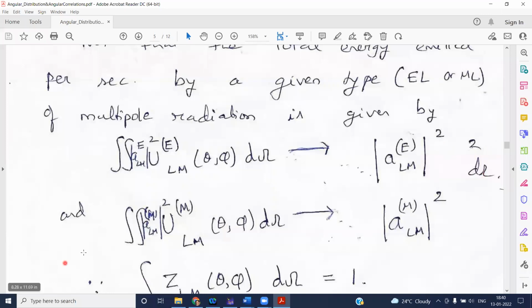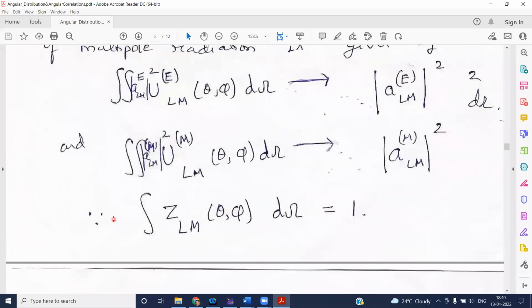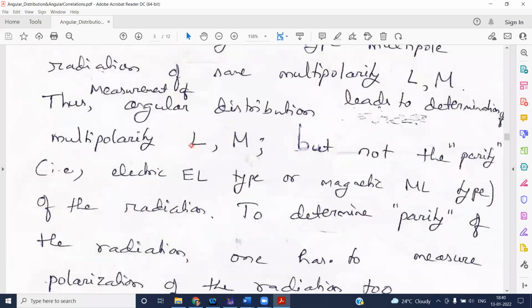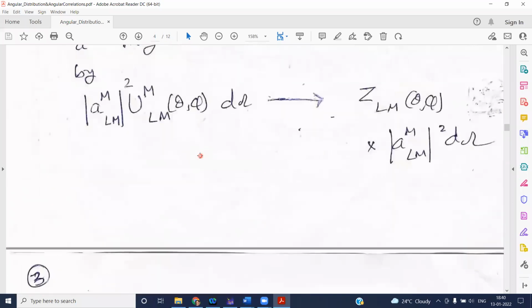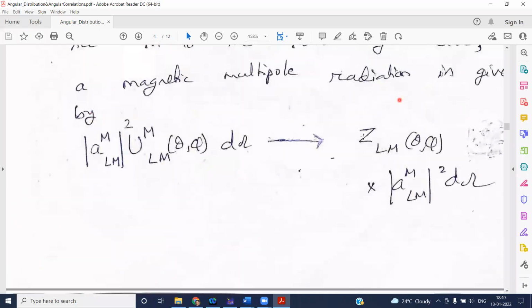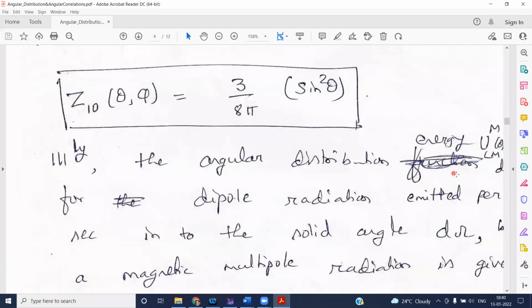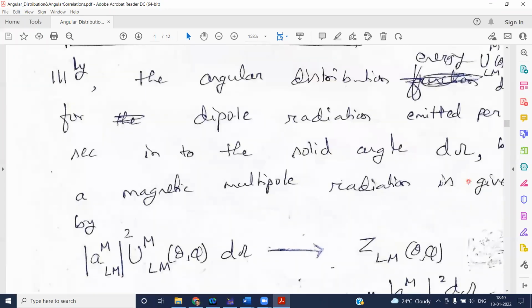Next part. So I have to similarly obtain A_M(LM), because I have a specific relation: the angular distribution integrated over d omega is equal to 1. So U_E(LM), as I emphasized to you, the angular distribution is given by Z_LM A_M(LM) mod squared or Z_LM A_E(LM) mod squared.